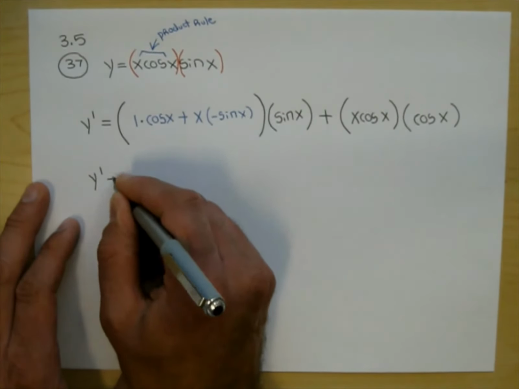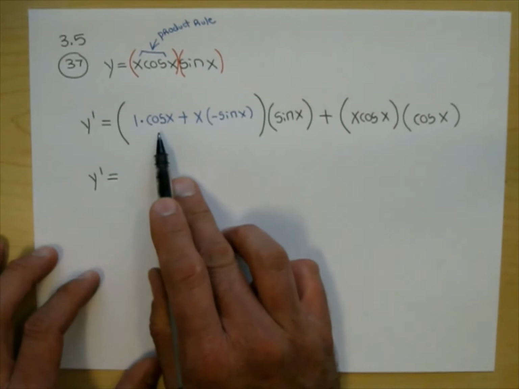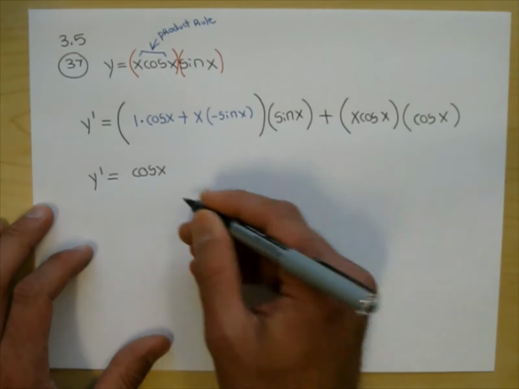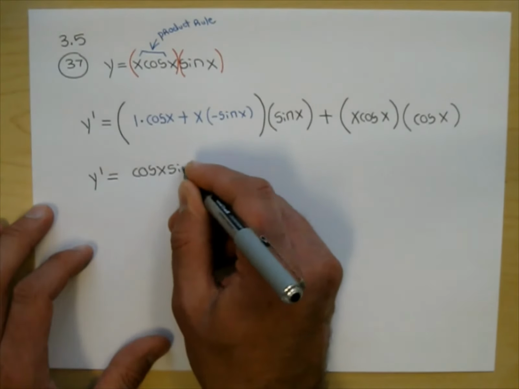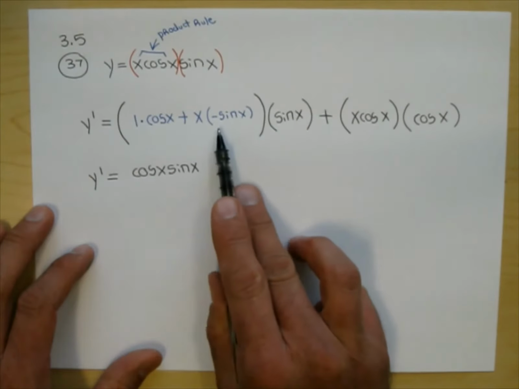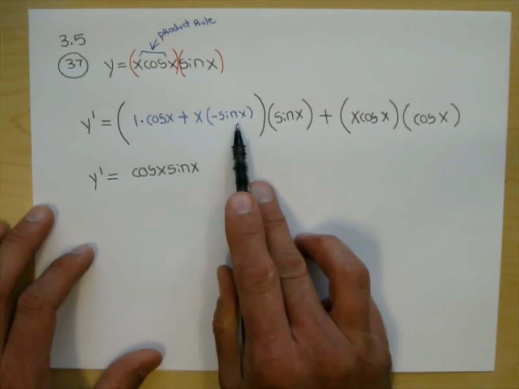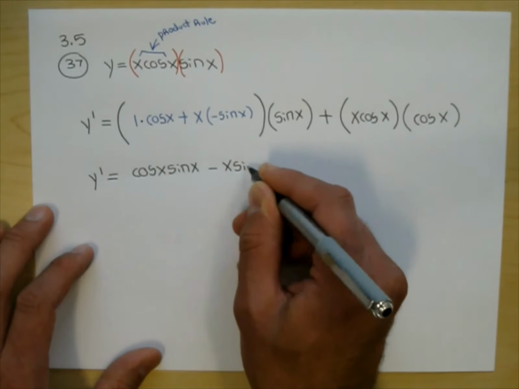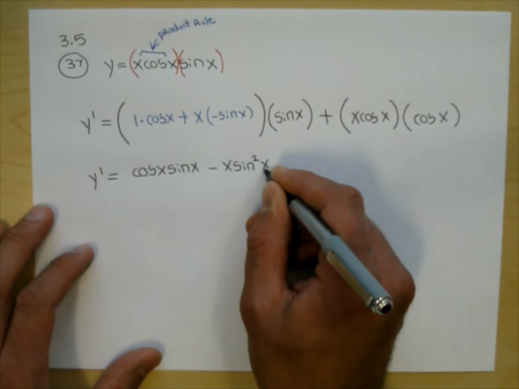So let's go ahead and multiply things out. We have the sine x times the cosine x, which is cosine x sine x. And then over here we have x times a negative sine x times the sine x. This is going to give me negative x sine squared x.